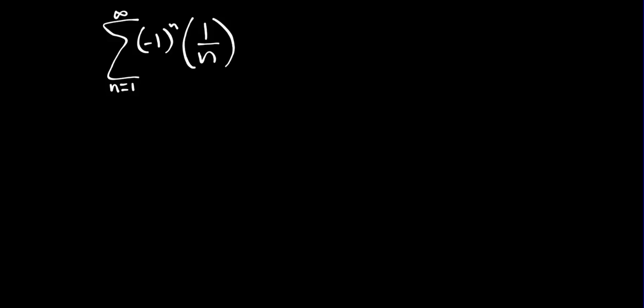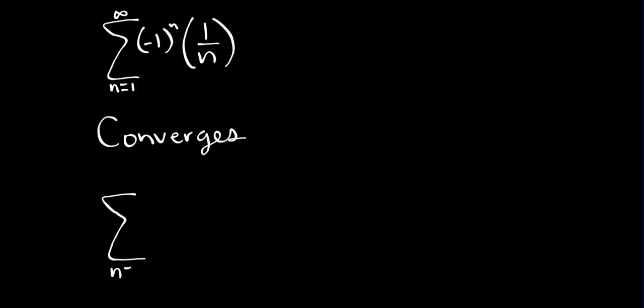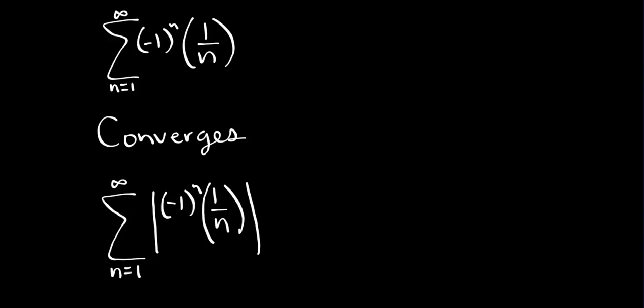So this converges, period. It meets the two qualifications, therefore it converges. But think about this series. What if we put an absolute value around it? In other words, what if I say n equals 1 to infinity, absolute value of -1 to the n, 1 over n? What if I do that?